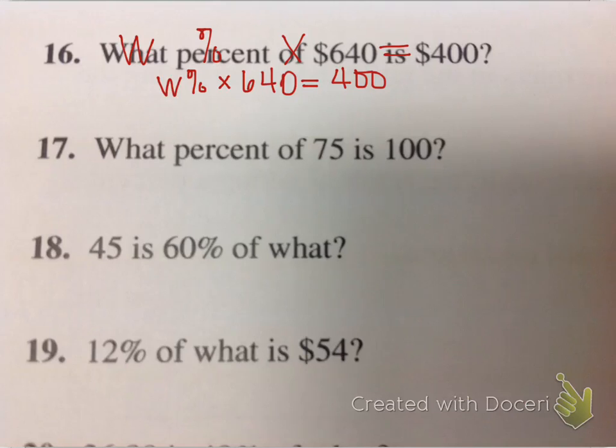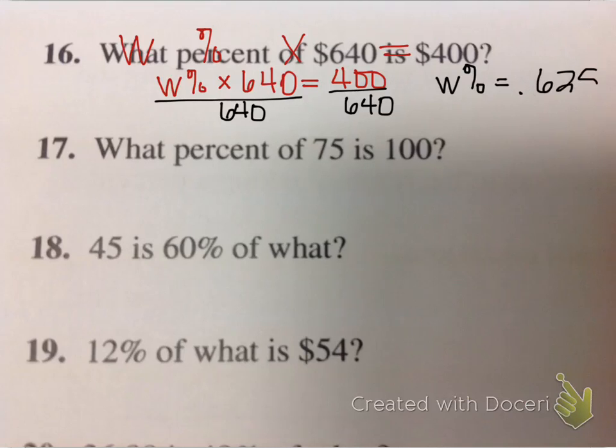Now this is a baby equation. How do we solve for W? How do we solve multiplication problems? Well, we have to divide. So I have to divide or work backwards, so that's why I'm using division. So now I'm going to have W percent equals whatever 400 divided by 640 is, which is 0.625.